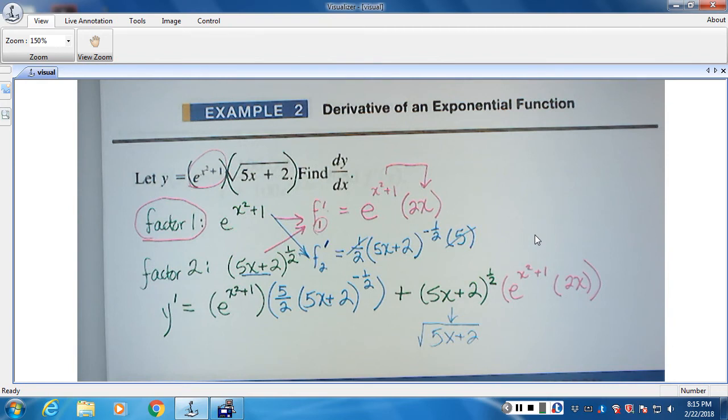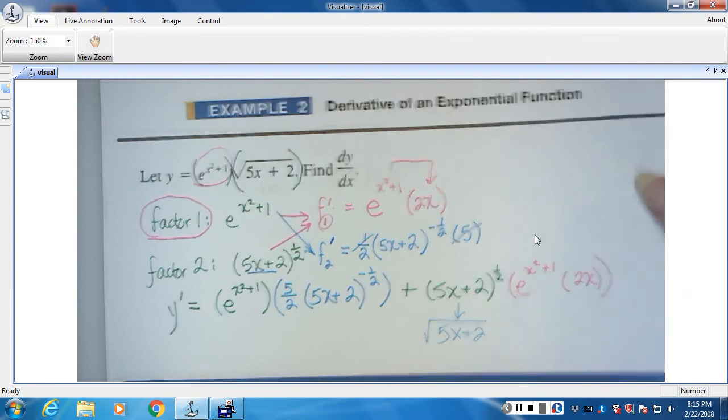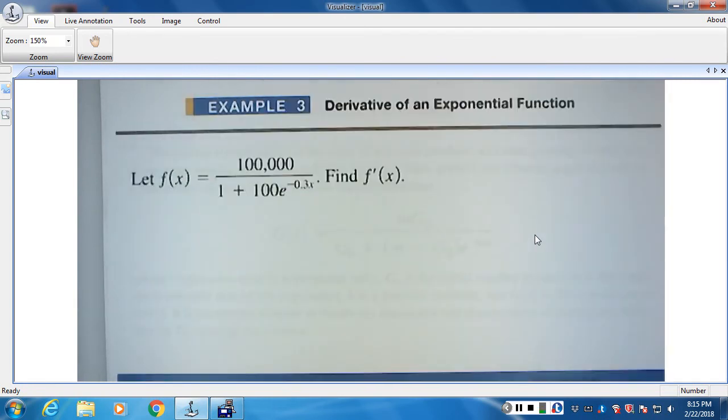That's okay. Where you multiply the 5 and the 1/2, I did. I only did it to avoid having to write an extra set of parentheses. No problem. Okay.